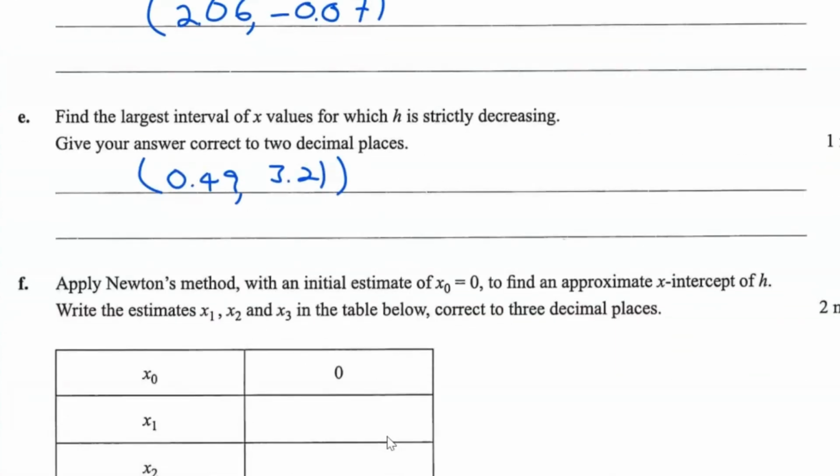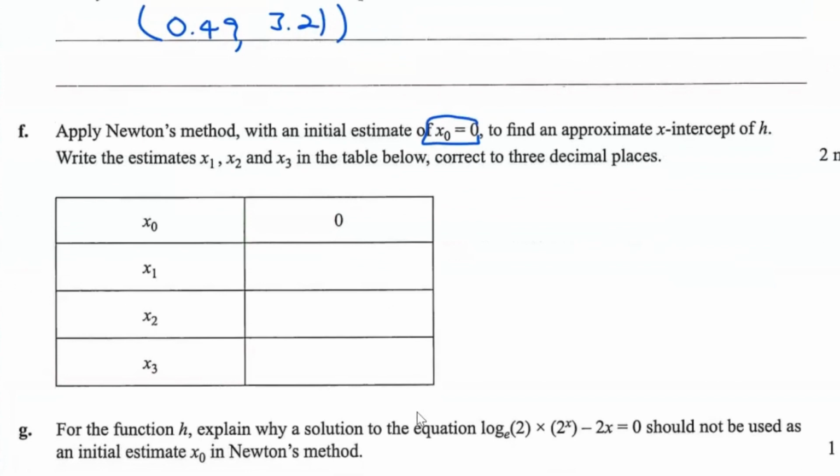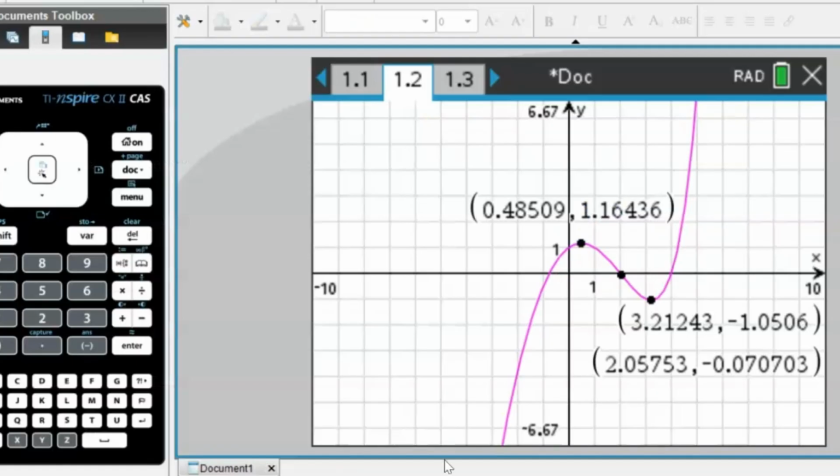Alright, apply Newton's method with initial value of x equals 0. Find the x-intercept of h, x1 and x2. So the Newton formula is always in the formula sheet. Alright, let's get the derivative of h of x.